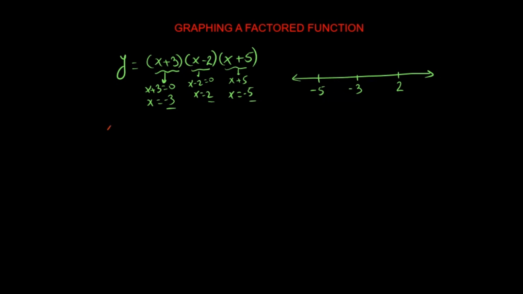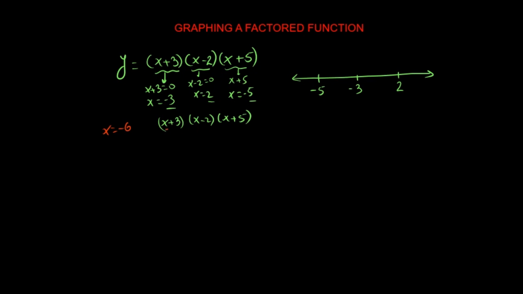Now, when x equals minus 6, you have to find out the sign of the function. The function is x plus 3, x minus 2, and x plus 5. When x is minus 6, you plug in x as minus 6, and then we find out the signs of all these factors. We are not interested in the final result. We are only interested in the sign. Is it positive or is it negative?